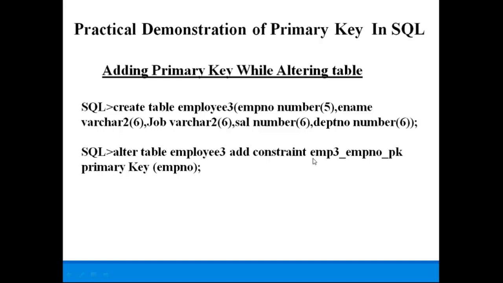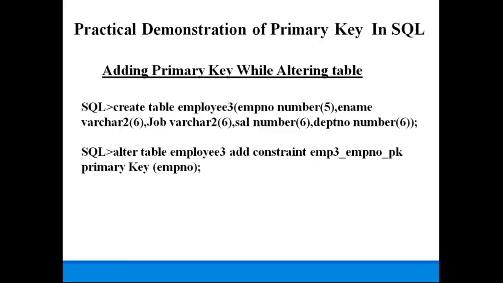I am giving the name emp3_empnumber_pk. Then I write primary key, and the column that is the primary key you have to specify in brackets. In this way, by using the alter table command, we can add a primary key constraint.